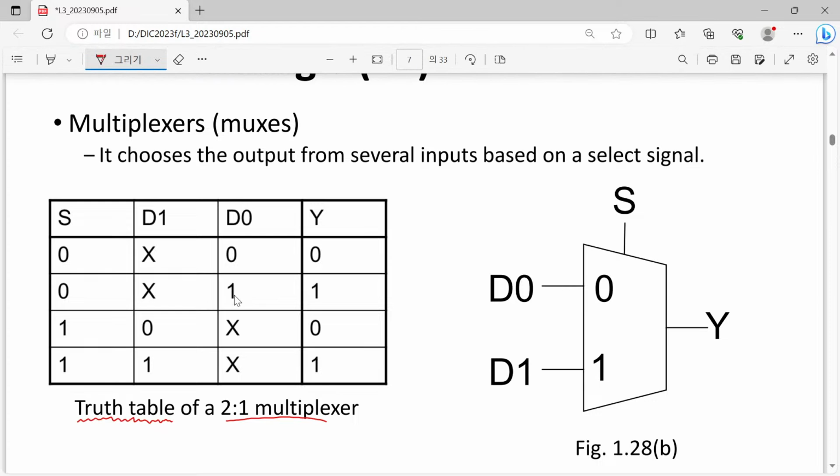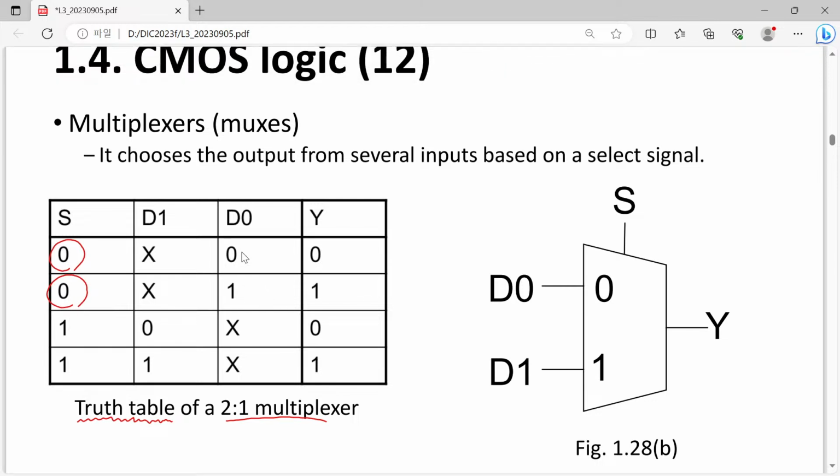This is the truth table of a 2-to-1 multiplexer. When S is equal to 0, then we say that D0 is selected.